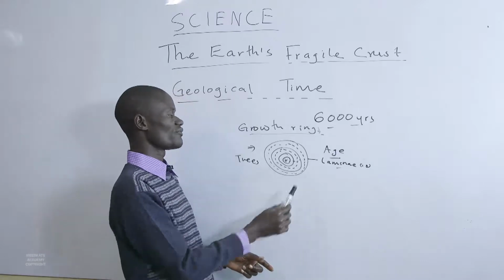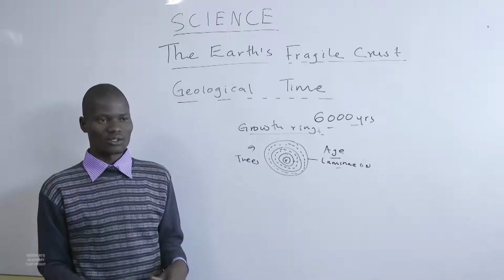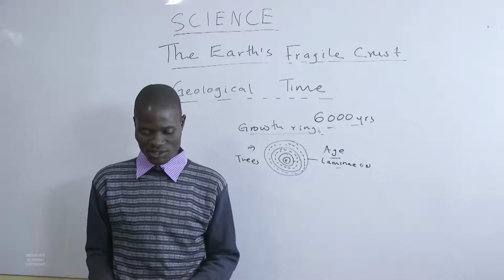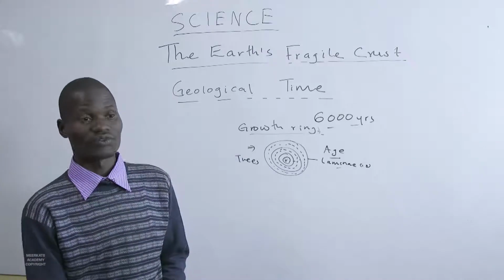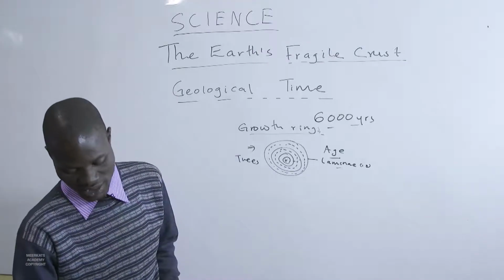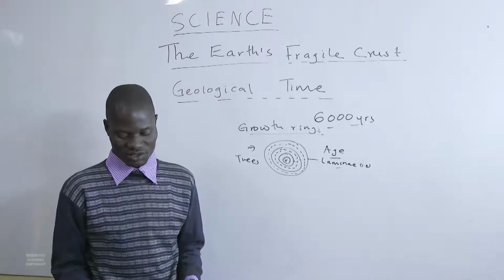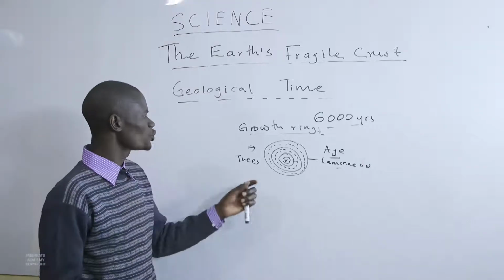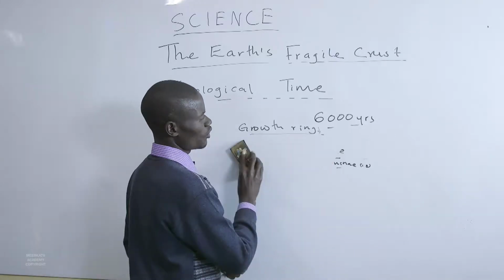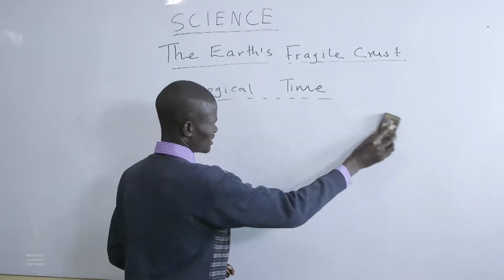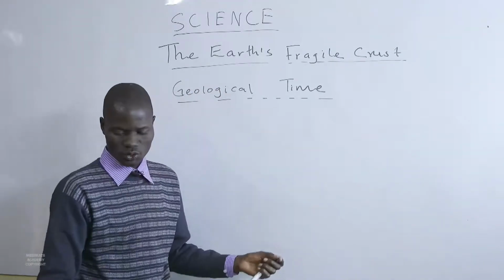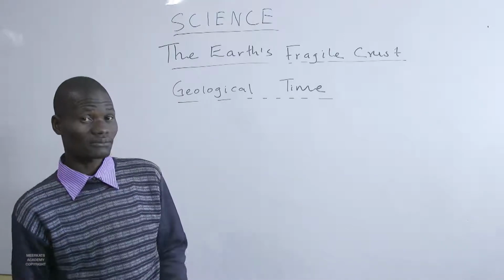Therefore, we can easily tell the number of years the tree has been in existence. But that will not tell us all about the age of the earth. That is only about the plants.